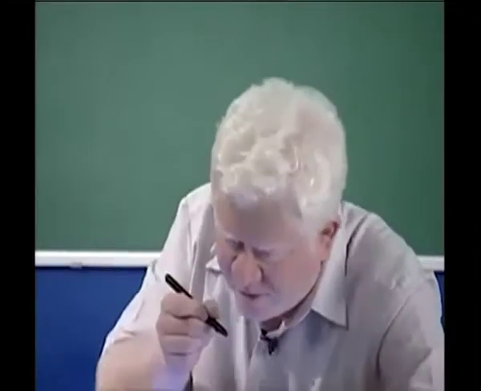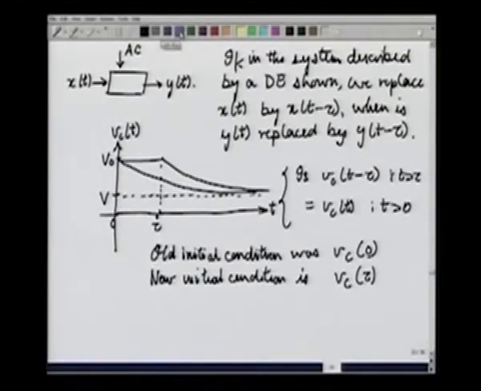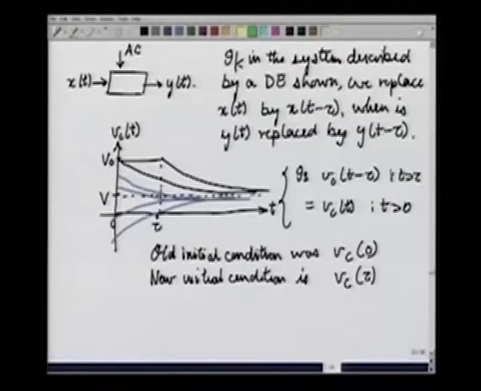For the old case, if I may choose a different color and draw alternate curves for different values of V0, I would have got a curve like this, a curve like this, curves like this, and so on. For the new problem, where the signal is being applied at t equal to tau, there alternate solutions depending upon variations in the initial condition would be given by curves like this.